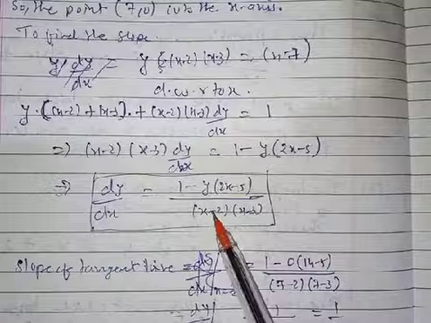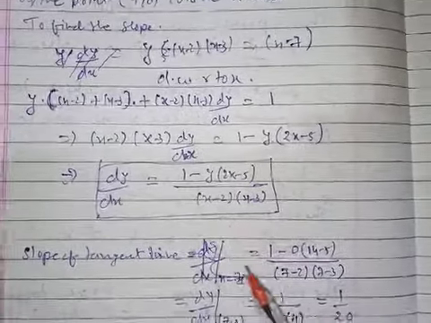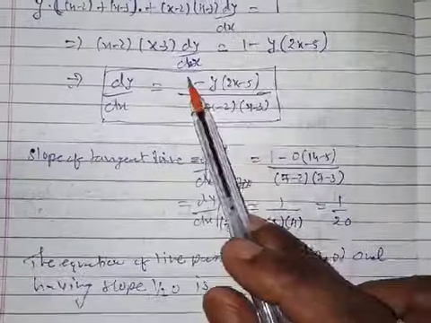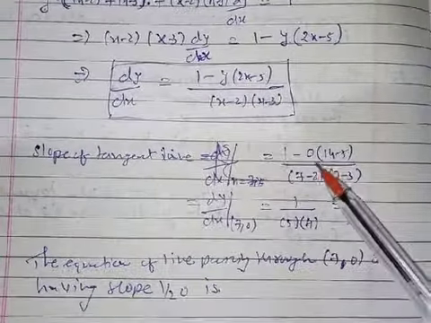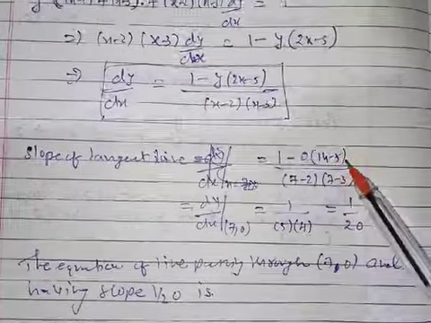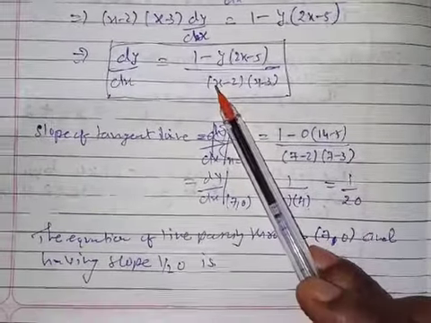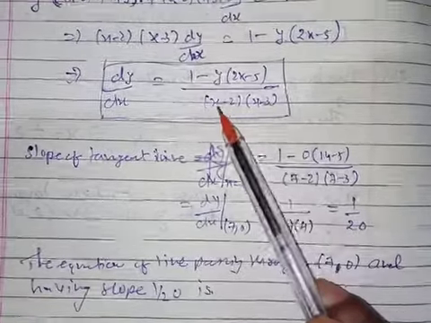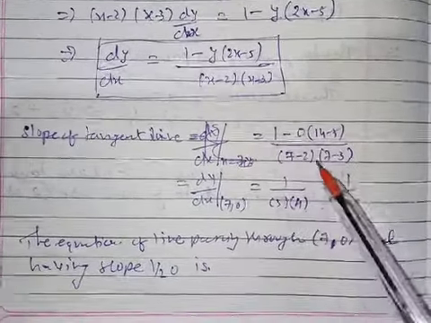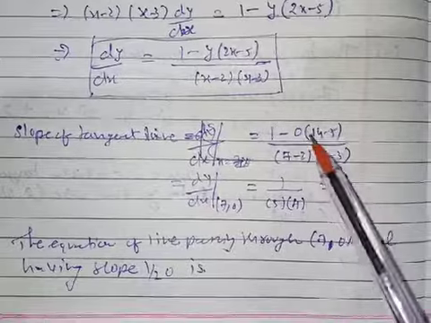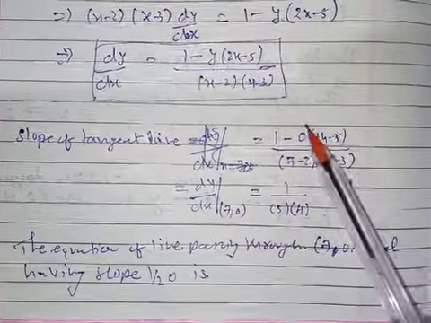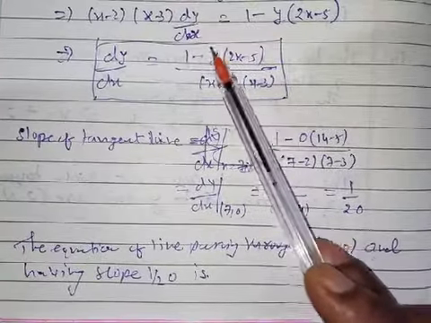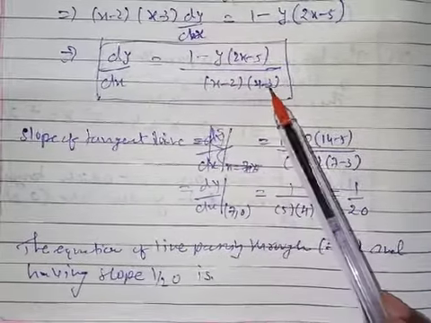So 14 minus 6 becomes 0. X is 7, so 7 minus 2 and 7 minus 3, so 5 into 4, 20. And y into all this expression will become 0. As I said, y is 0, so this whole expression will become 0. So 1 upon this only will be left.